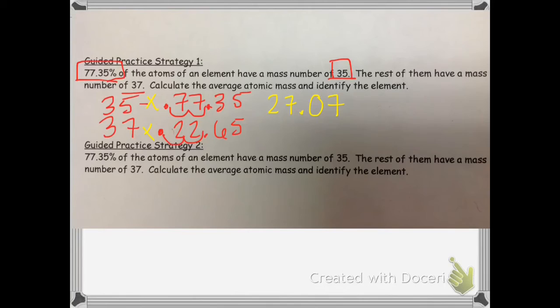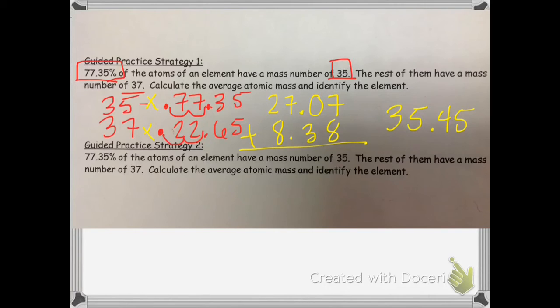And our next one is going to be 8.38. So we've multiplied our mass times our percent abundance. Our last part is to get the sum. Sum is to add. So we're going to add those two together. All right, and we get 35.45.